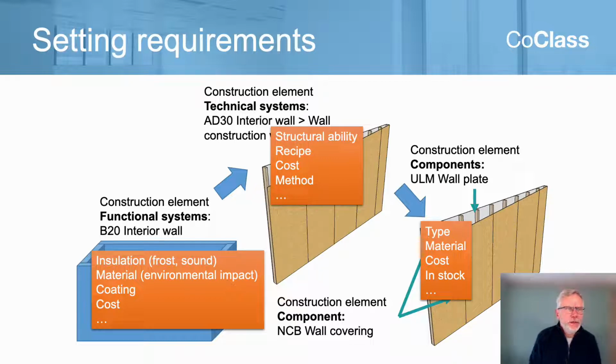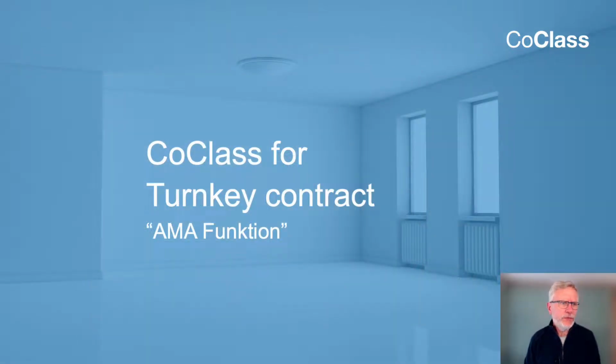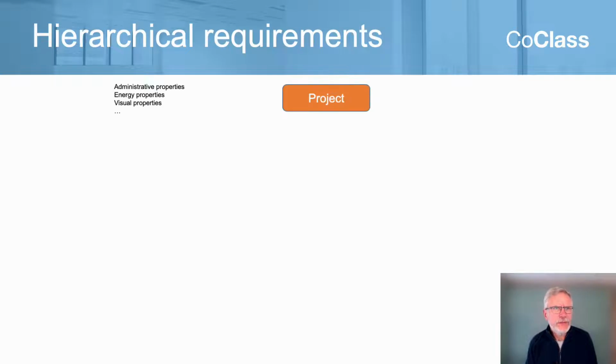And this methodology is then used in the new ARMA Function. You might call it CoClass for turnkey contract, for instance, in Swedish totalentreprenad, where the owner, the client, wants something built and puts requirements on a very high level, and then lets the contractor decide on what technique to use and so on.